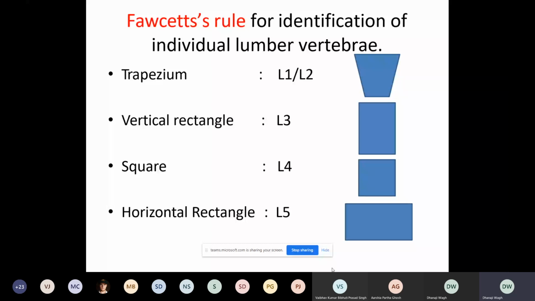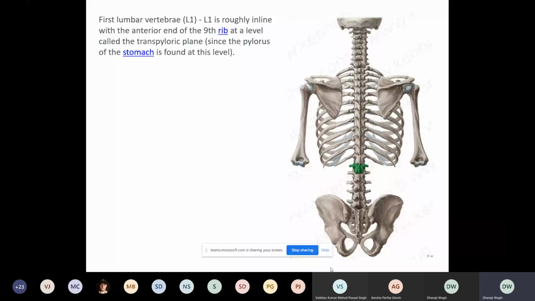Then special features of the lumbar vertebrae. See in the diagram, there is a green colored lumbar vertebra. This is the first lumbar vertebra. What is its importance? The L1 is roughly in line with the anterior end of the ninth rib.